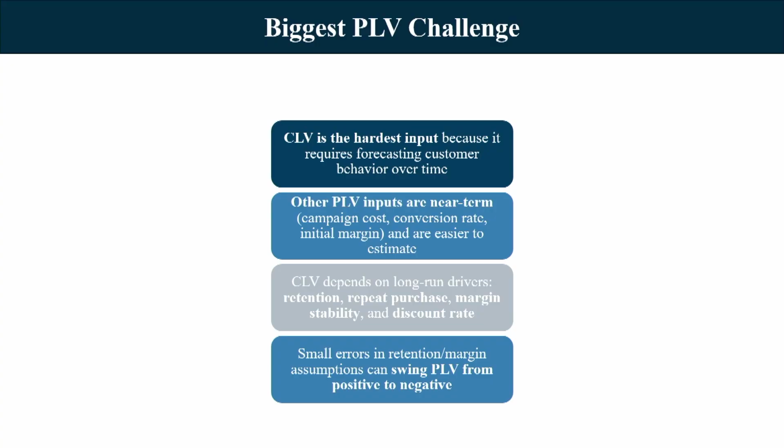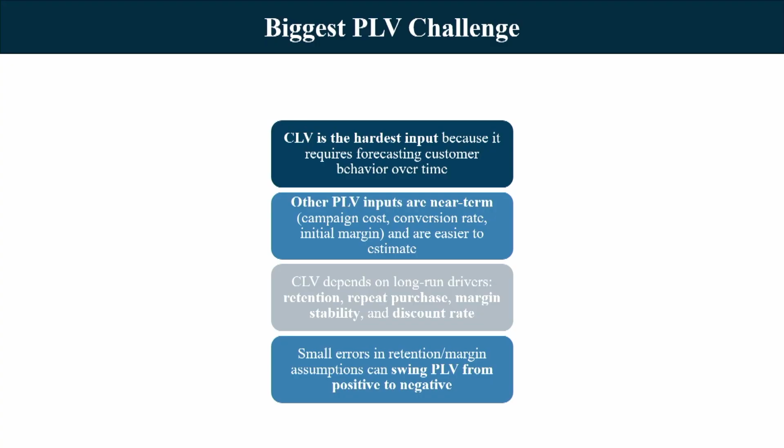If I can somehow get rid of the attribution, then it is much easier to calculate the conversion rate. Similarly, for initial margin, I know the associated costs, I know what value is being derived, so I can easily calculate the initial margin. The only challenge here is the attribution, right.